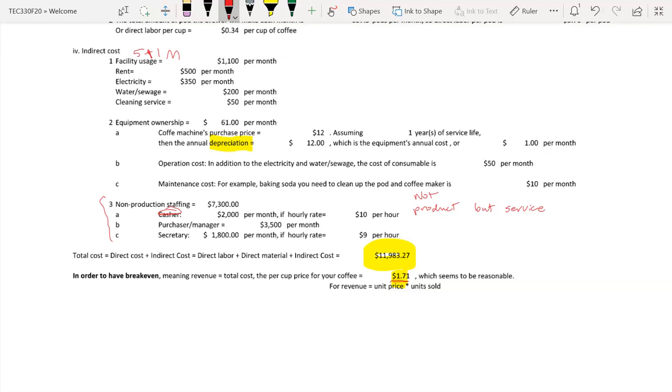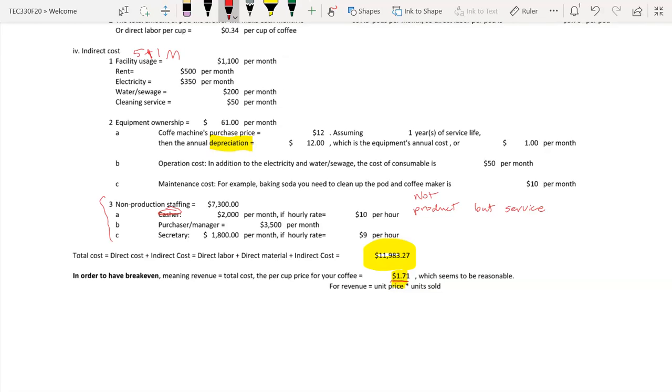We don't need a secretary and a purchaser or manager. They can be just one. So in a sense, you have to cover your indirect costs. The lower your indirect cost is, the lower your price can go, because the variable cost is pretty much the same.